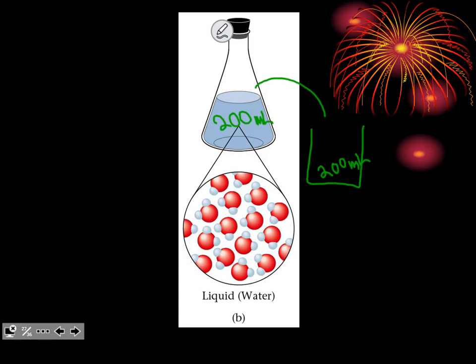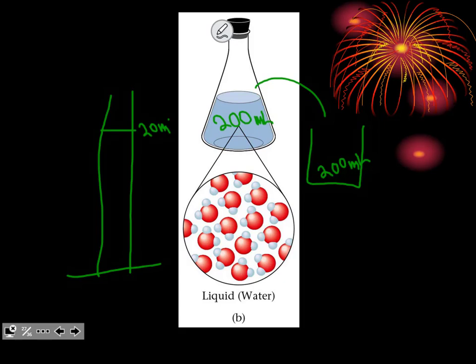If I had a big graduated cylinder, 200 ml, so if I have 200 milliliters, it's going to fill it all the way up to here. The volume never changes. Now the shape will.